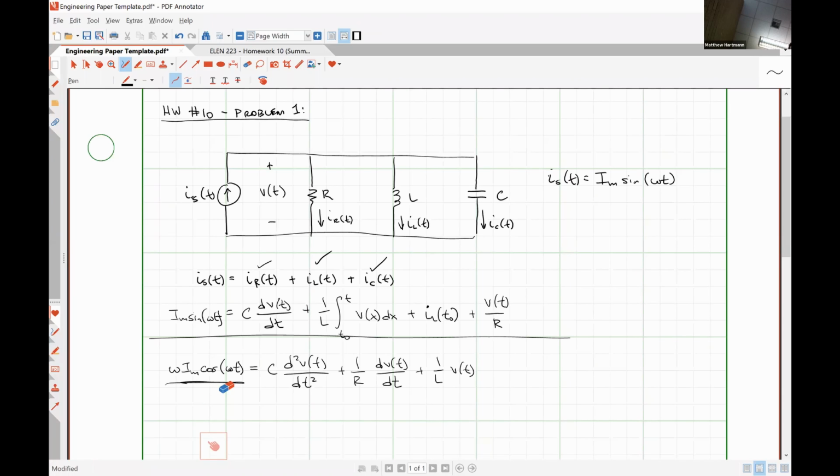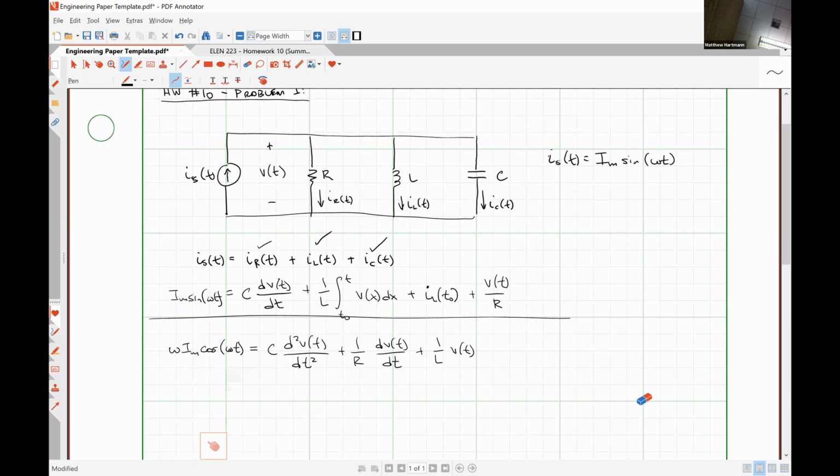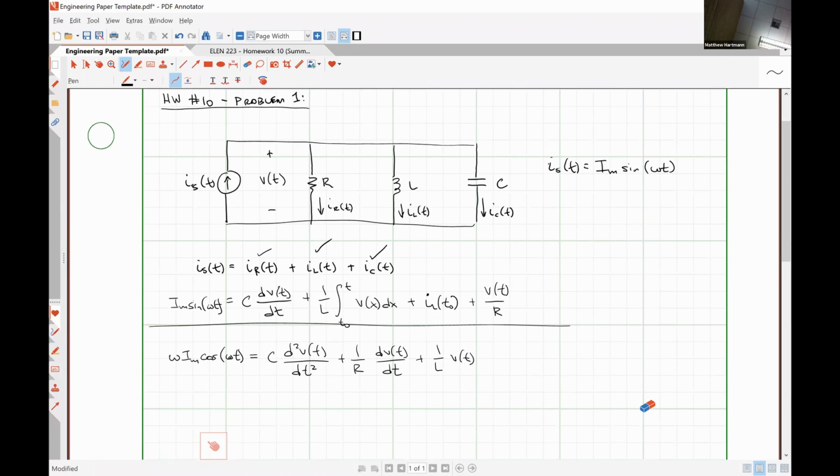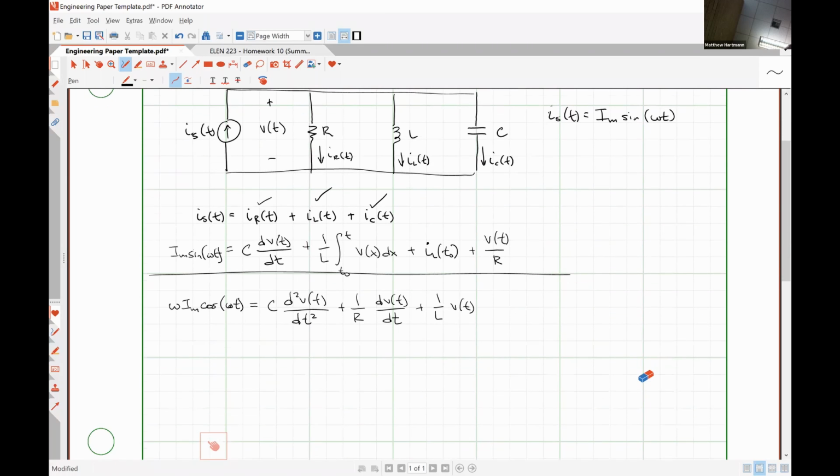But because this guy isn't a DC term, it makes the math going forward to get a solution significantly harder. And we're not going to struggle our way through that ludicrous amount of calculus, because we're going to use phasor relationships starting on Monday to negate having to do so much terrible calculus.